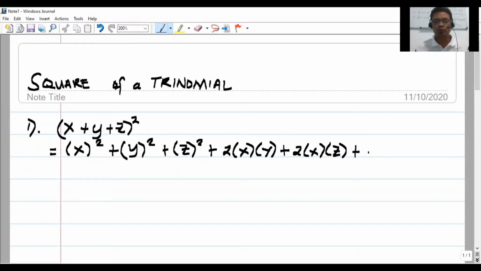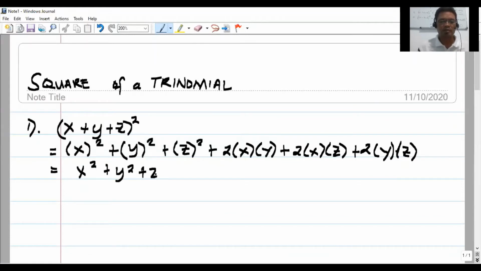So we have 2 times y times z, okay? So finalizing our answer, removing our parentheses, we have x squared plus y squared plus z squared plus 2xy plus 2xz plus 2yz. So that is the product of a square of trinomial.